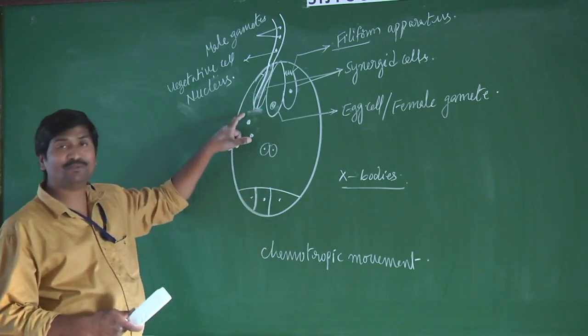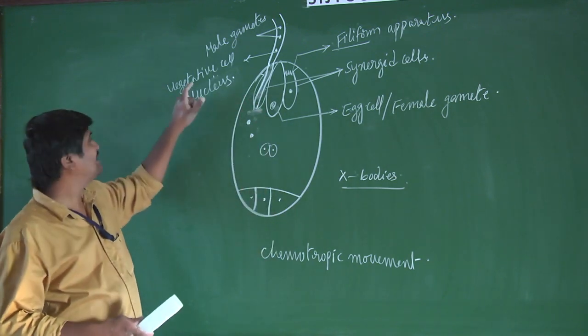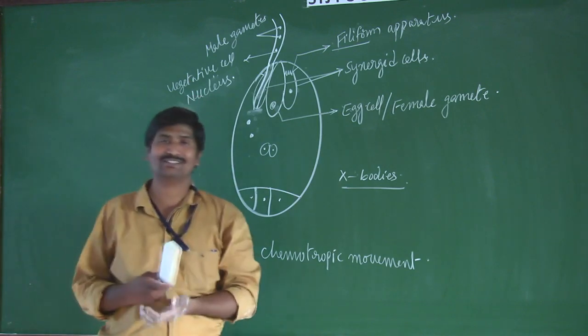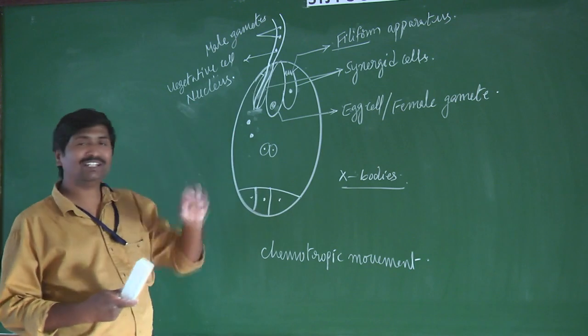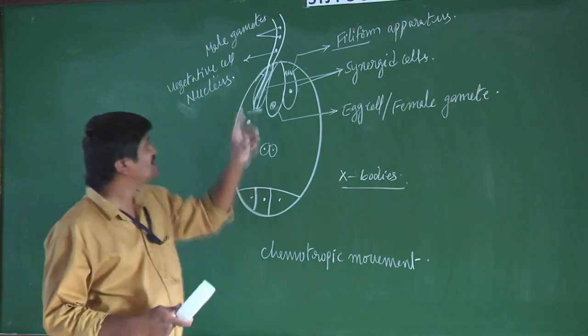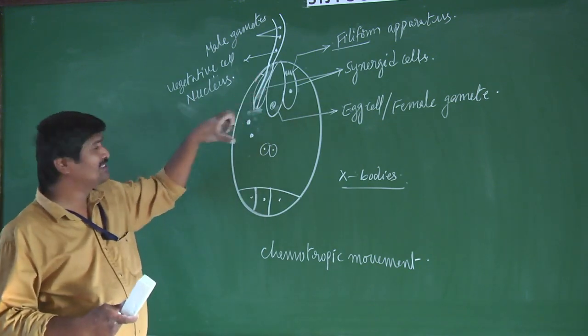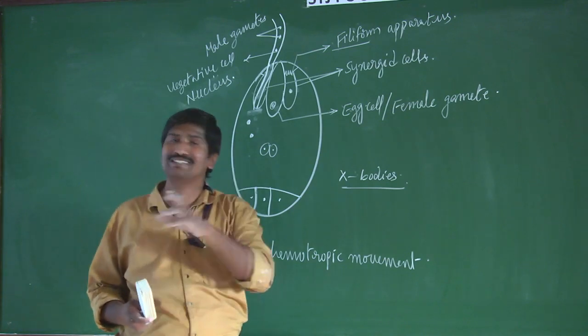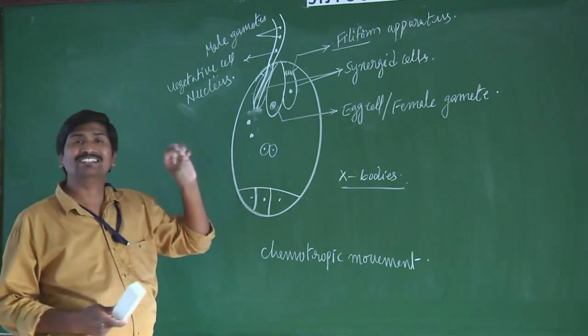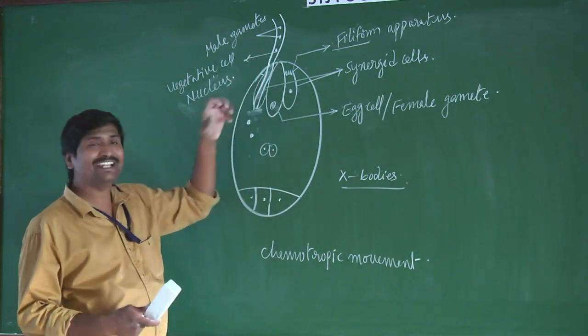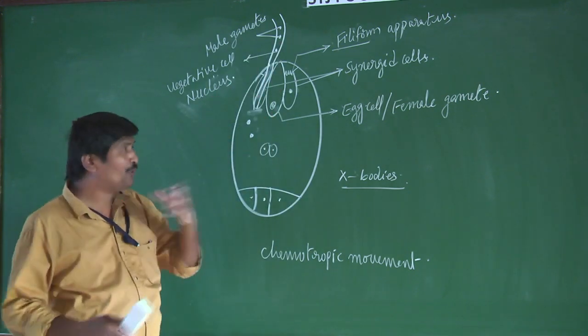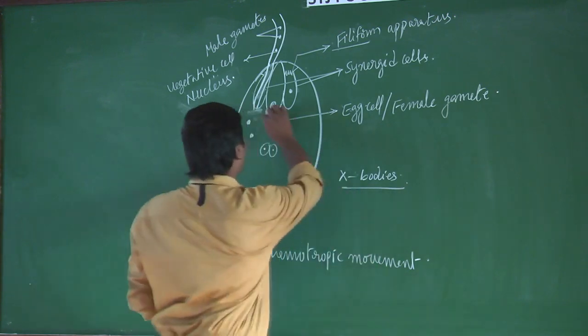Another one develops from the degenerated vegetative cell nucleus. These two X bodies are reported in the embryo sac when the pollen tube enters the embryo sac. Okay, this is the third step, the entry of the pollen tube into the embryo sac. And the fourth step, the fusion of gametes.